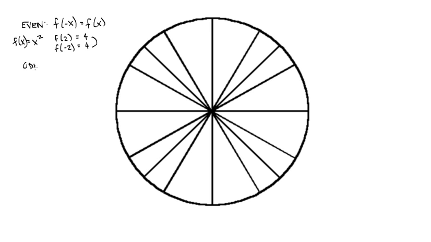An odd function is a function in which when you put in the negative x value, you get the negative of the answer you get when you put in the positive. Best and easiest example of that is x cubed. F of 2 to the third power is 8.